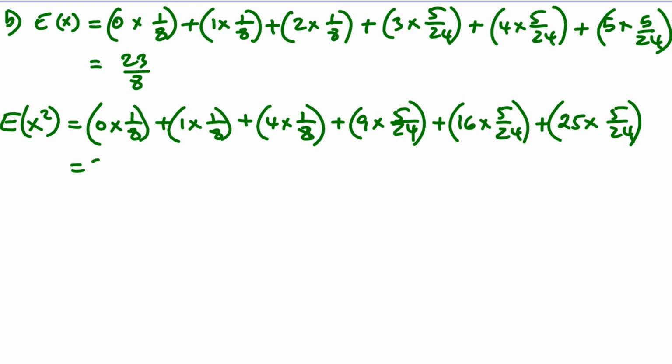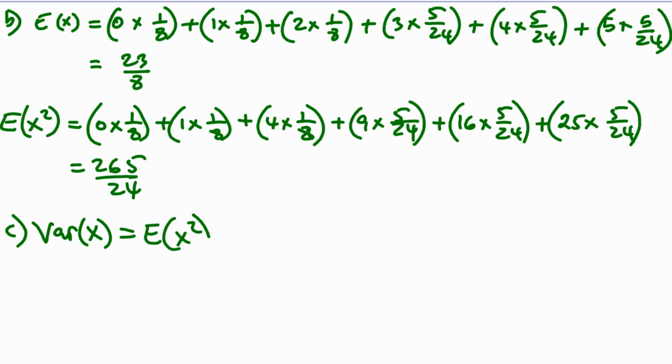And if you work this out, you'll end up with 265 over 24. And then the variance, which is part C. We know that the formula for the variance of x will be the mean of the squares minus the square of the mean.